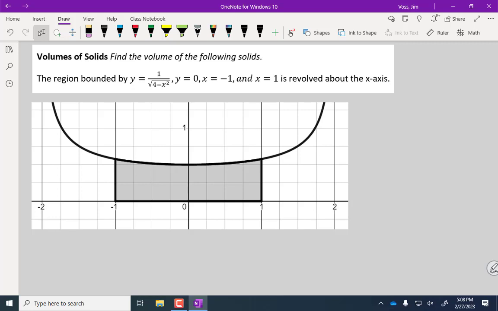All right. So volume of this solid, we've got the region bounded by these curves, all 4 of these curves, and it's rotated around the x-axis. I don't know if we're going to have time to finish this one, though. Let's do something slightly different.